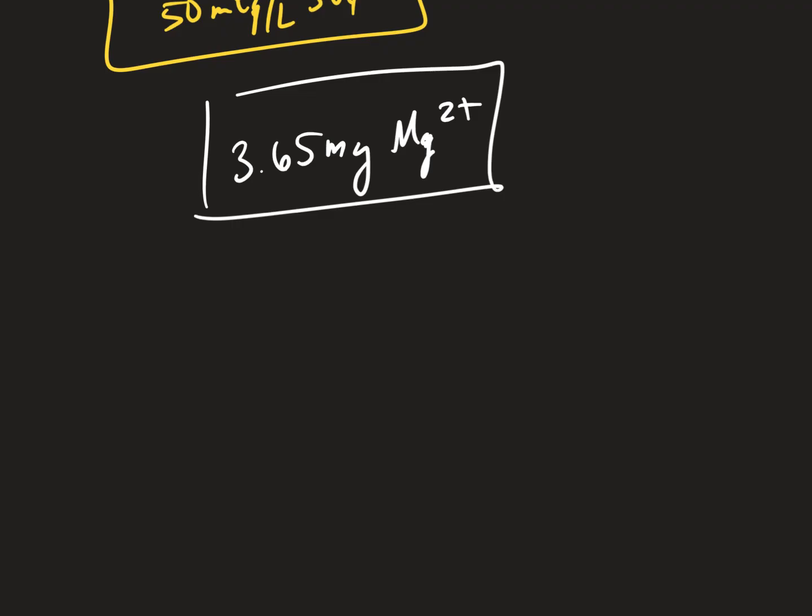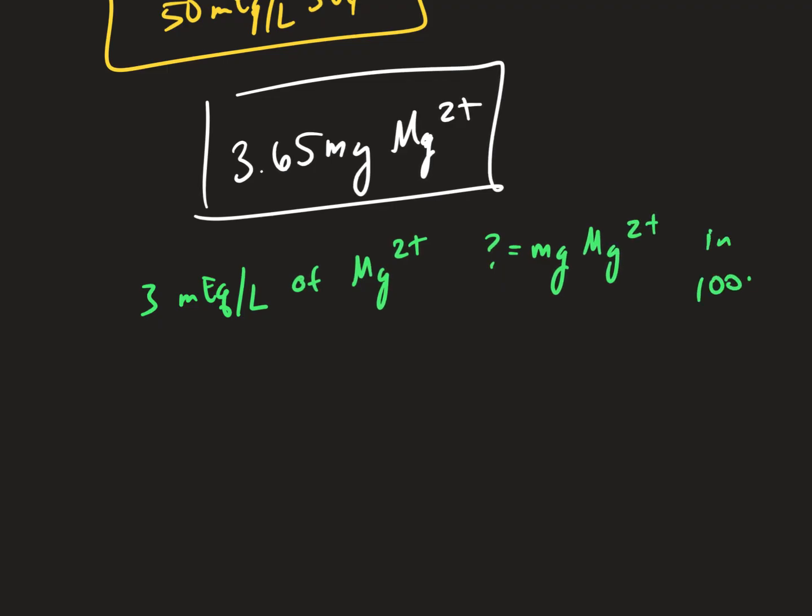So it says normal blood contains 3 milliequivalents per liter of magnesium 2+. How many milligrams of magnesium 2+ are present in 100 milliliters of blood?